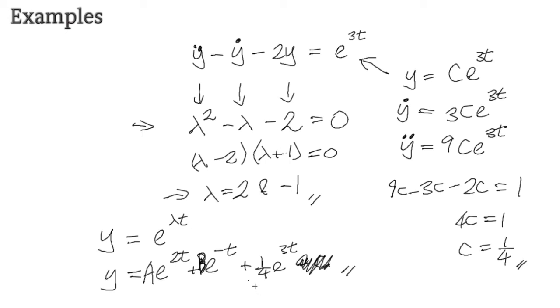And we can differentiate this whole expression to get another boundary condition, which is y dot at time t equals something, and you can plug that in, and you will end up with two equations in A and B, which you can solve as simultaneous equations.